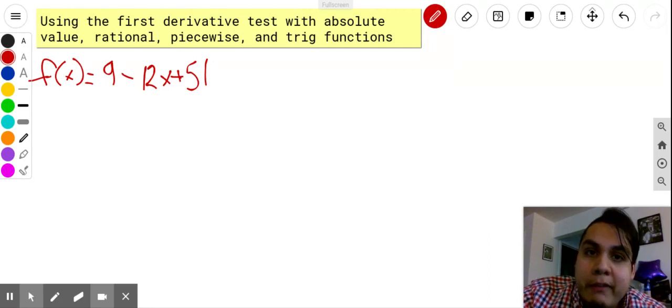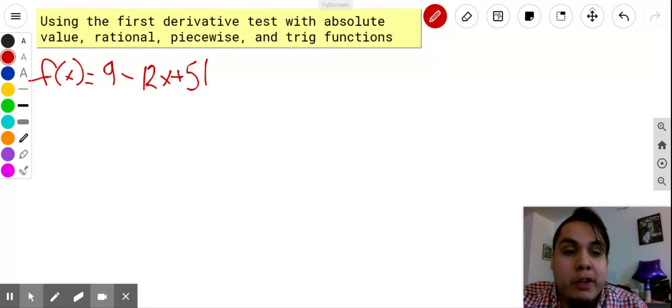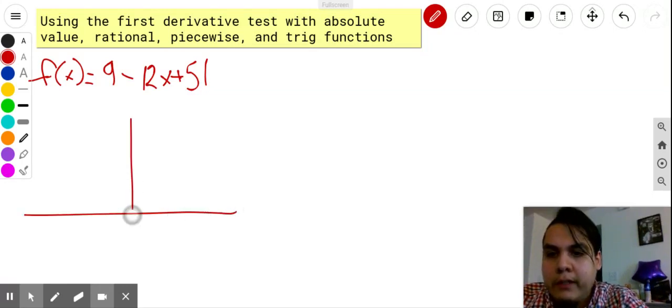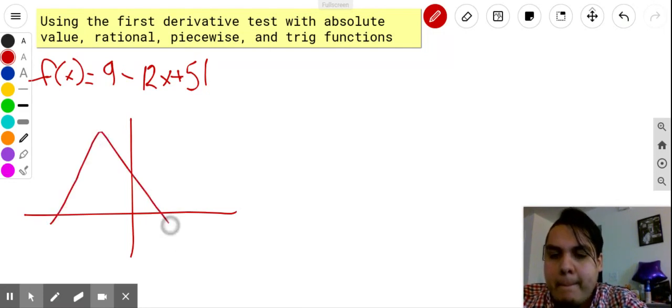So we didn't talk about how to find the derivative of an absolute value function. If you think about what the graph is, I can tell you that it's not differentiable for all real numbers because this graph more or less will look something like this, right?